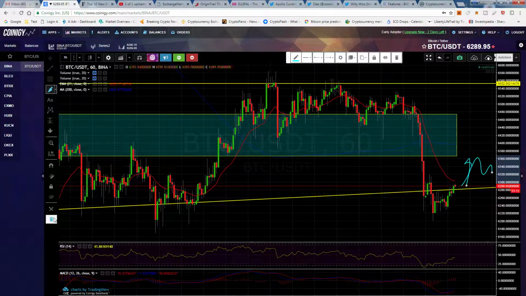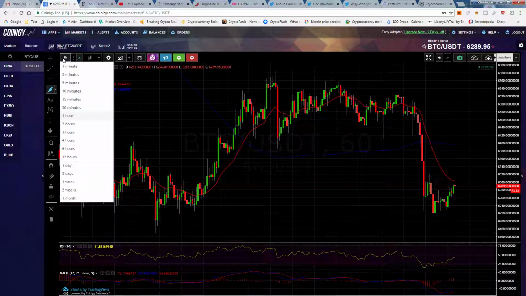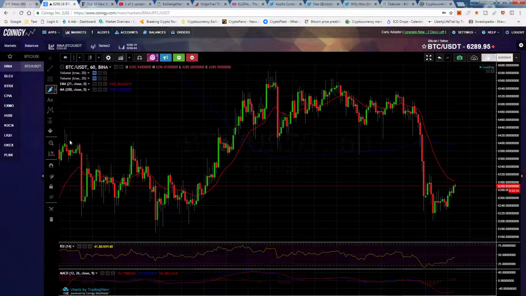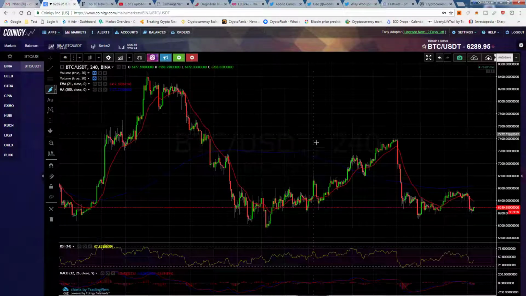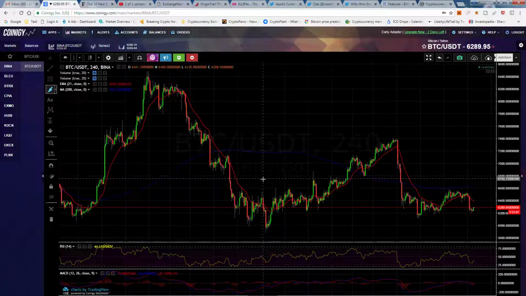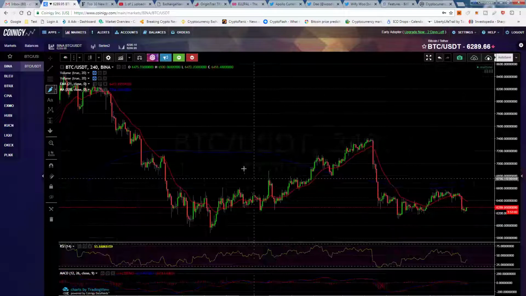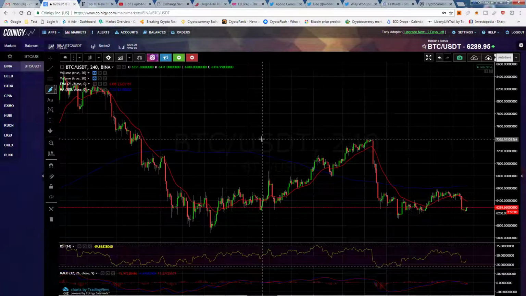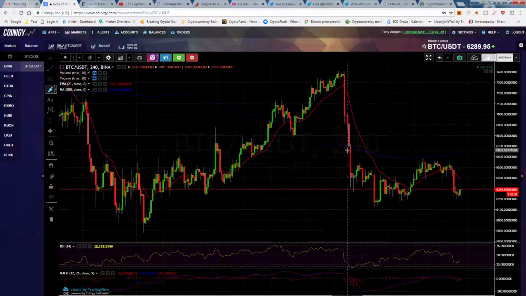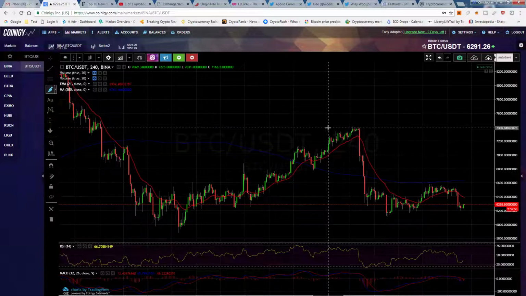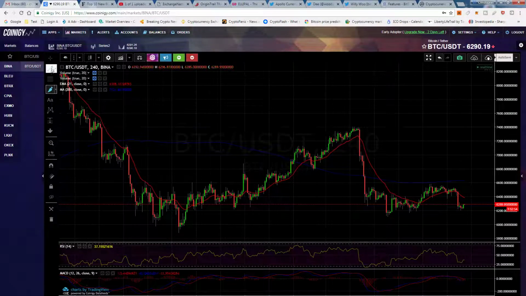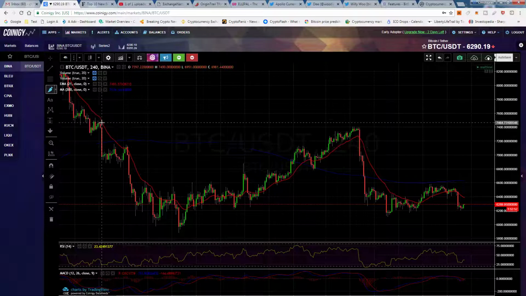So let's just look at another chart real quick. Let's look at the 4-hour chart. And again, this comes into play at the tops of these run-ups a lot too. You can see they just get rejected. Everybody's worried about all this support back here, or resistance technically.